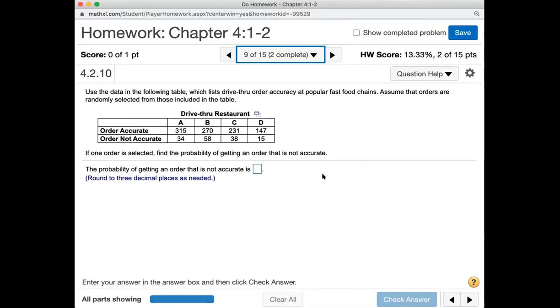I'm sure you can solve this. You just figure out the total number of orders not accurate, which is 34 plus 58 plus 38 plus 15, divided by the total number of orders, either accurate or not accurate. That's going to be the probability. I think the problem is simple. Let's move to the next problem.